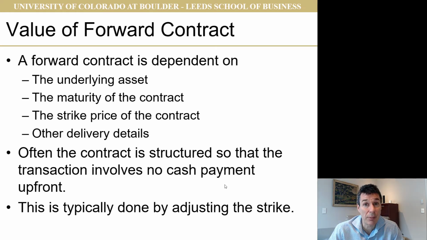We would expect to be paid money up front to enter that contract, right? And the money that we're paid up front offsets the fact that we're paying a terrible exchange rate at the back. Alternatively, let's say we agreed to pay 30 cents for every British pound. That's a wonderful contract. It's a really good value contract for us, but of course, we would expect to have to pay money to enter that contract.